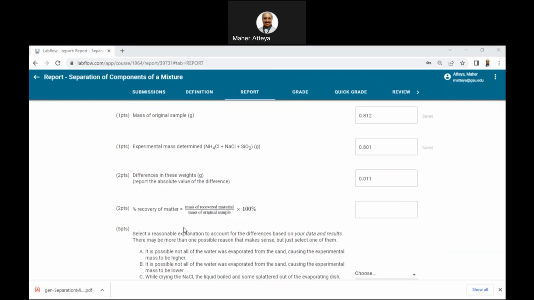But let me just repeat this one again. Clean up. 0.812 minus 0.801 is 0.011 grams. Okay.